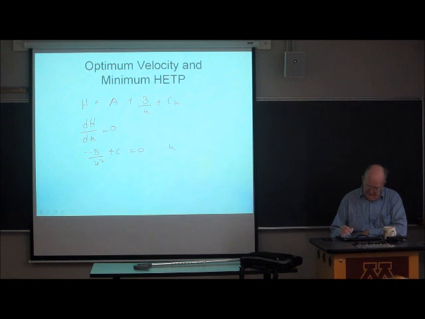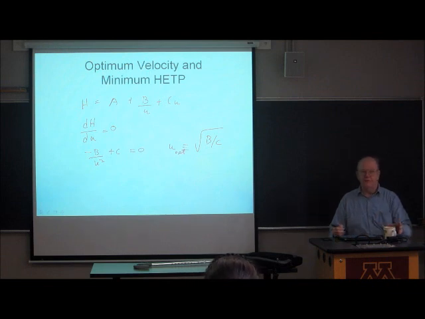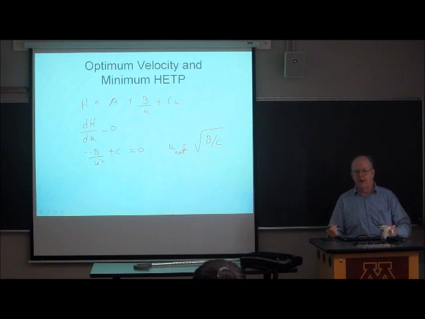And so U is equal to the square root of B over C. That's my optimum velocity. This is the velocity you want to work at if you want to produce the maximum number of plates for that column.